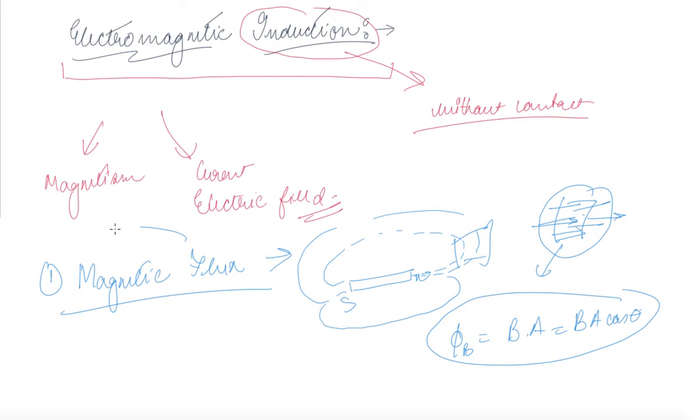So now, after we have understood that due to the change in magnetic field, there is a current that has been produced, this was first established by Michael Faraday, and this is known as Faraday's law of induction.